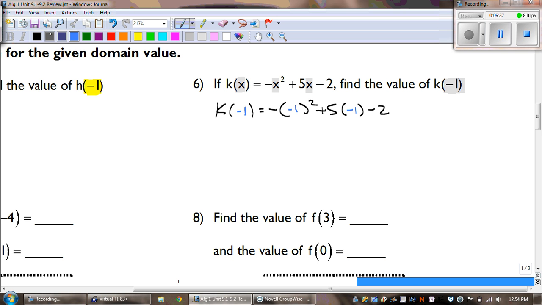So I want you guys to type this into your calculator and tell me what you get. What'd you get? When I plugged it into my calculator, I got -8.